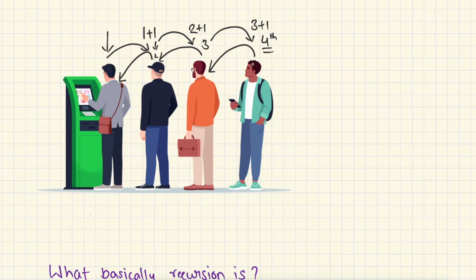First, we have to divide the problem into sub-problems, and second, we need something where we stop. In our case the stopping point is the first person. This is going to be our stopping condition where our process gets completed, and after completion we get the response back. I hope you understand the recursion used in real life.